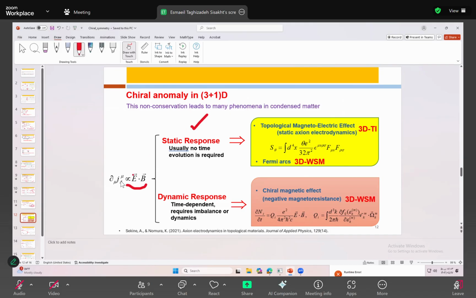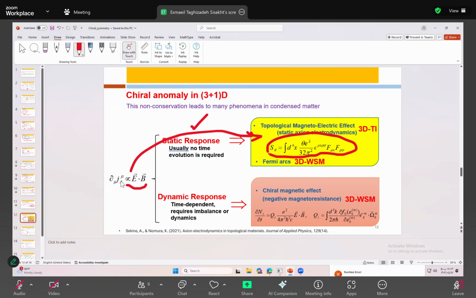I mean, this term is related to an action term like this one, and that is the origin of the magnetoelectric effect.